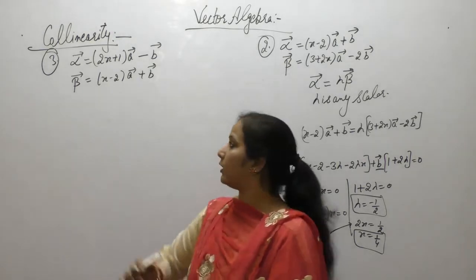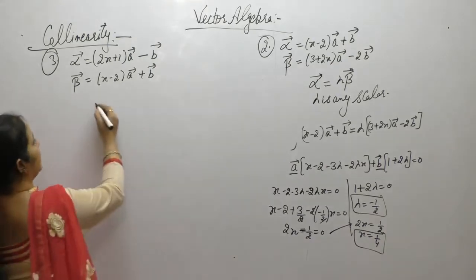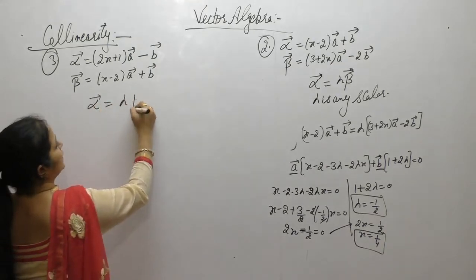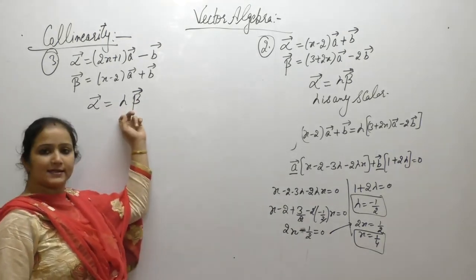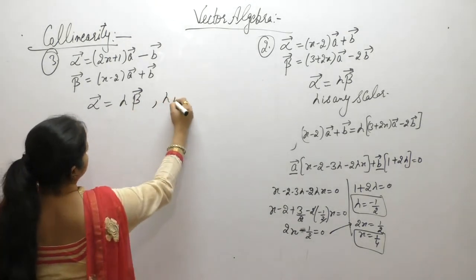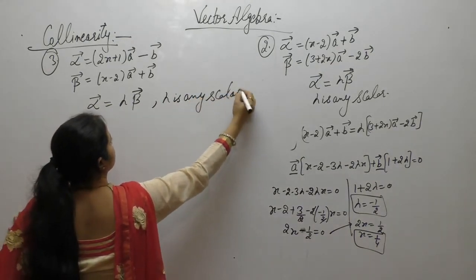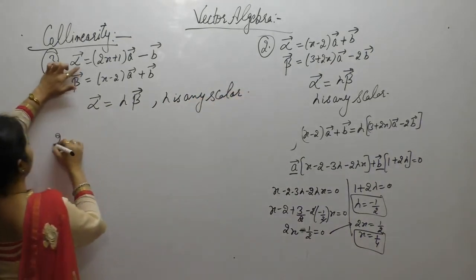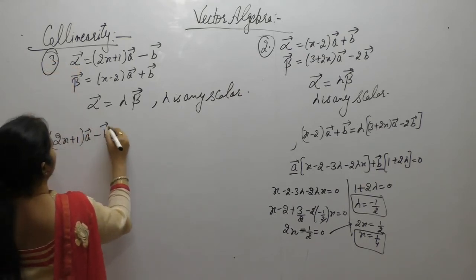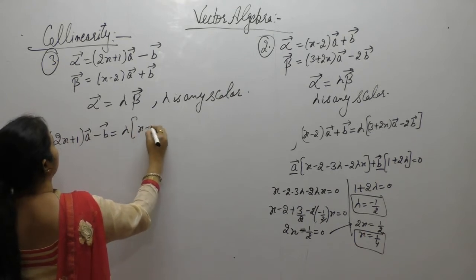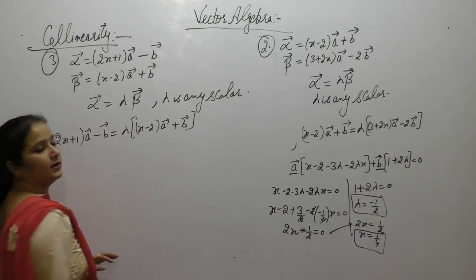A and B are non-collinear, but alpha and beta are collinear vectors. Therefore, alpha is equal to lambda into beta vector, where lambda is any scalar. Now put the value of alpha: (2x plus 1) A vector minus B vector equals lambda into (x minus 2) A vector plus B vector.